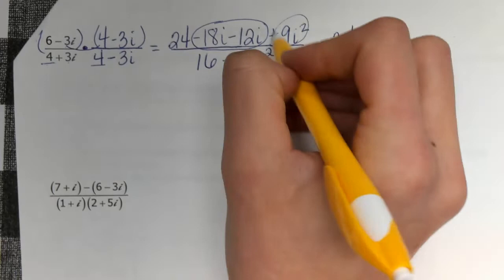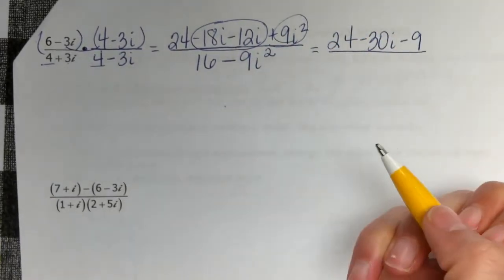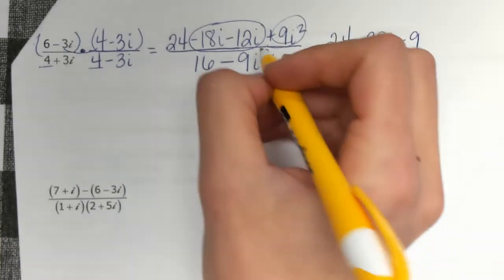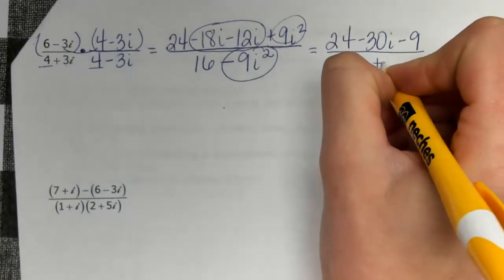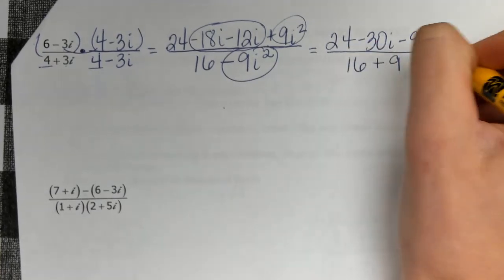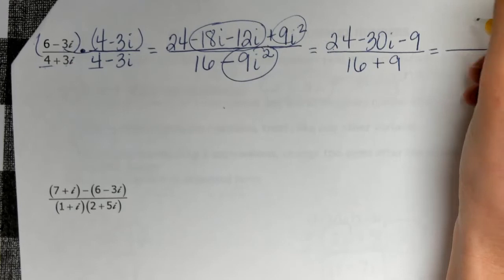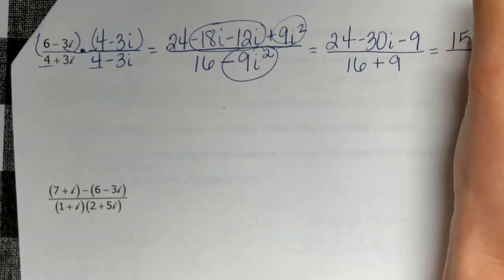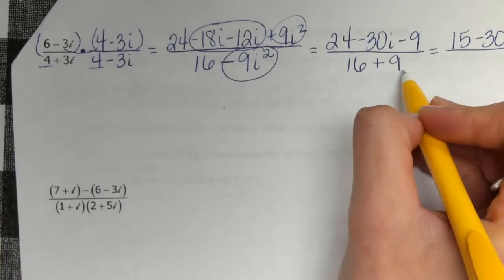And then that 9i squared turns into negative 9. And then I've got 16 plus 9. That negative 9i squared turns into plus 9. And I clean up my numbers. 24 minus 9, 15 minus 30i in my numerator. And 16 plus 9, 25.